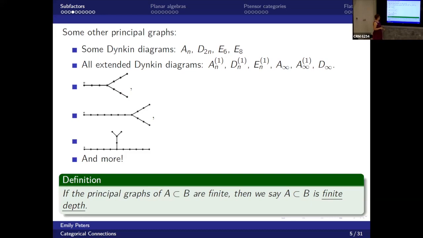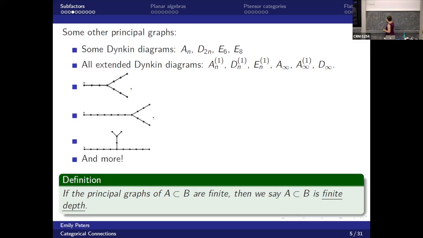I could give you precise formulas for some of them. Does the little star over the leftmost node mean anything? It does. So remember with these principal graphs, we were looking at the irreducible bimodules that showed up in some tensor product of B as an AB bimodule.